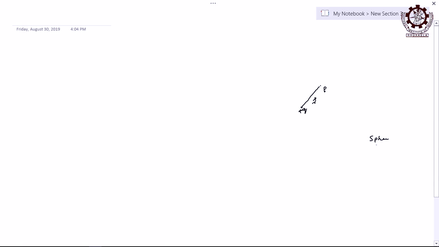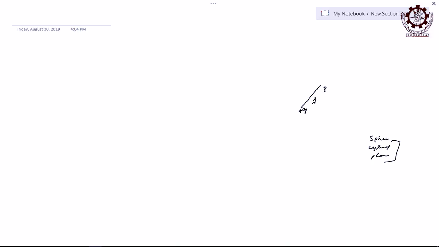Either it is a sphere or a cylinder or a plane, these three only are symmetric. The Gaussian surface cannot have any shape, otherwise the Gauss law cannot be applied. The Gauss law can be applied only for a symmetric Gaussian surface, and for that only three surfaces are possible. One is sphere, second is cylinder, and third is plane.